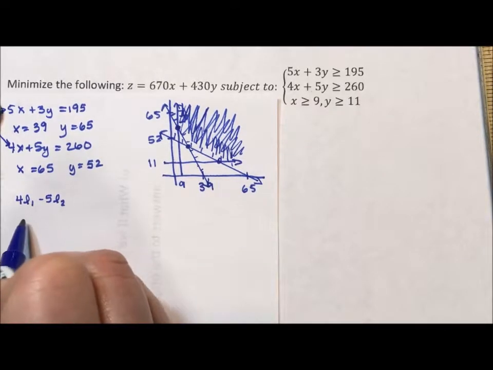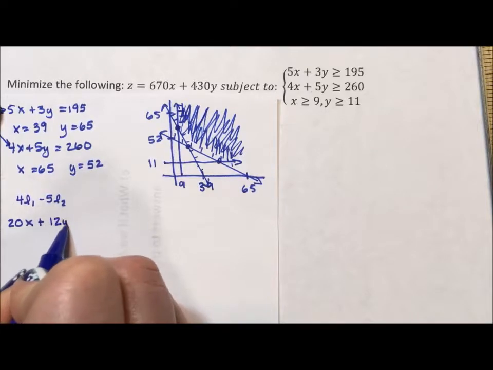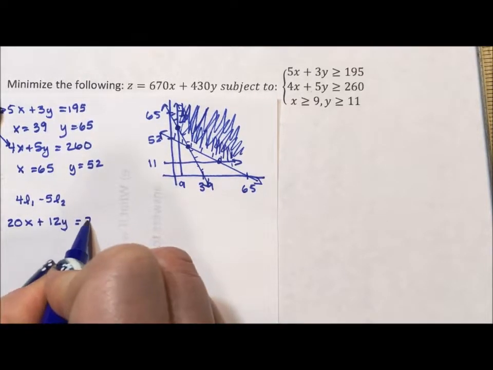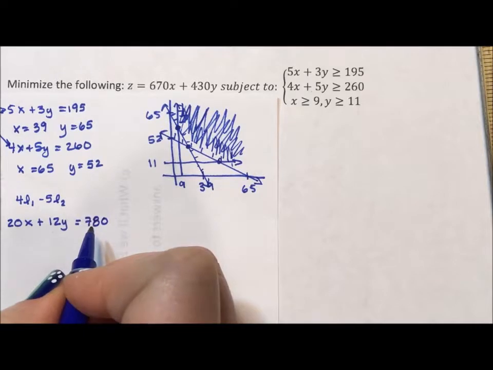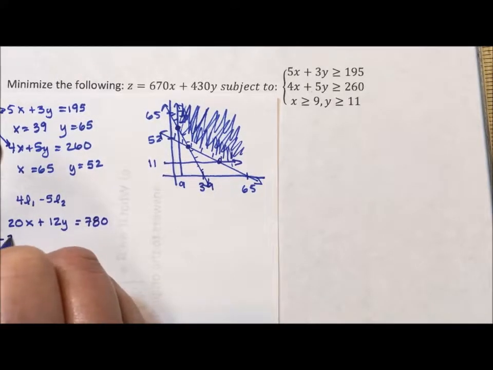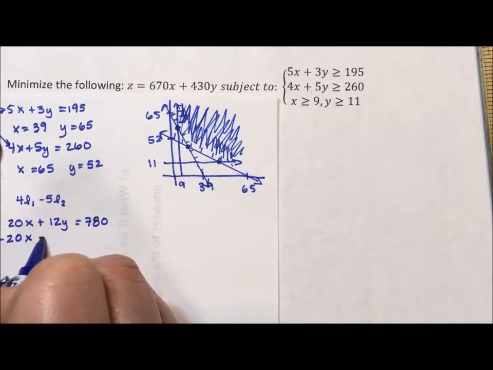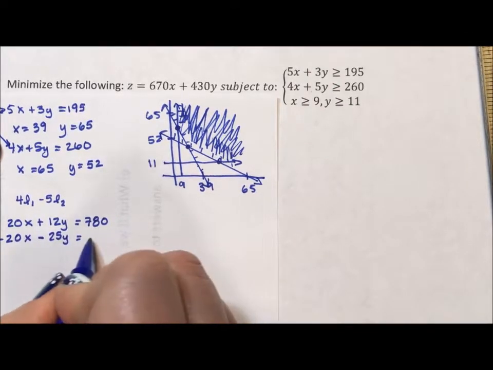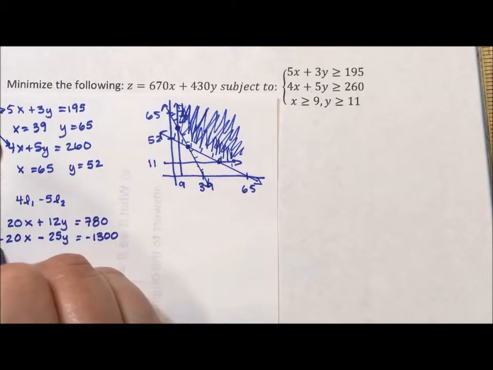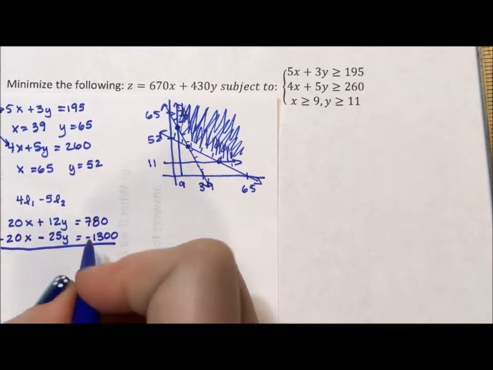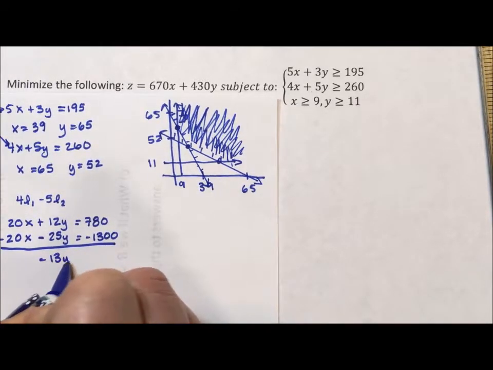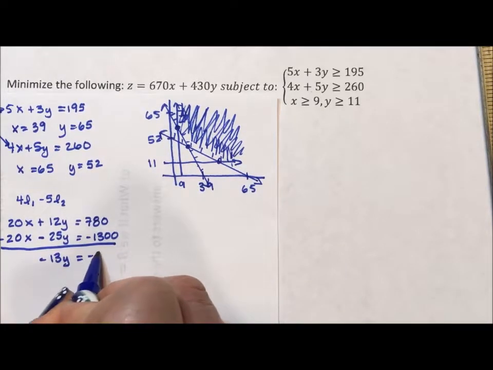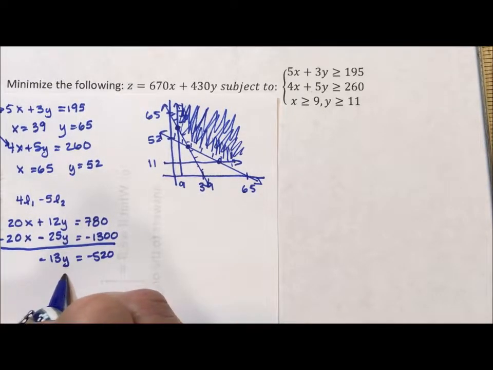So 4 times line 1 is going to be 20x plus 12y equals 780. Negative 5 times line 2 is going to give me negative 20x minus 25y equals negative 1300. When I add down, I get that negative 13y is equal to negative 520. And then when I divide, I get that y is equal to 40.